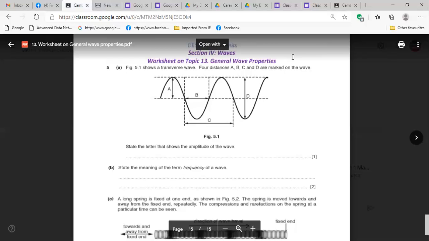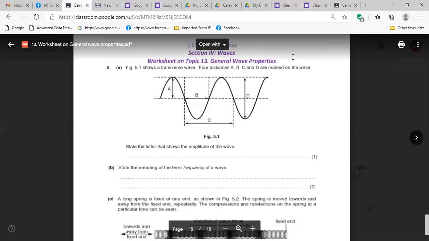C, very good. Then what is B? B is half of the wavelength, right? And what is D? It's double the amplitude. Yes, double the amplitude. So you should also know what the other things are showing.